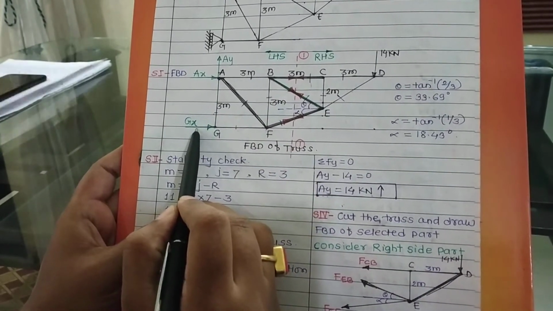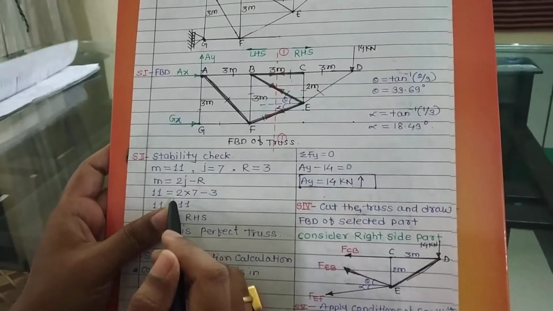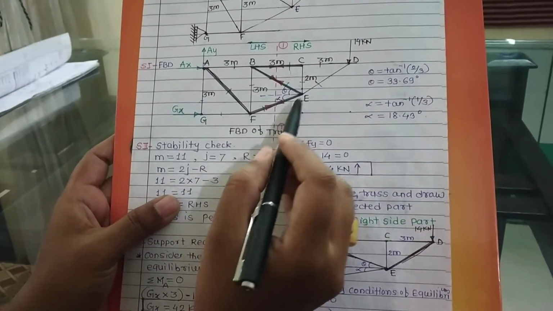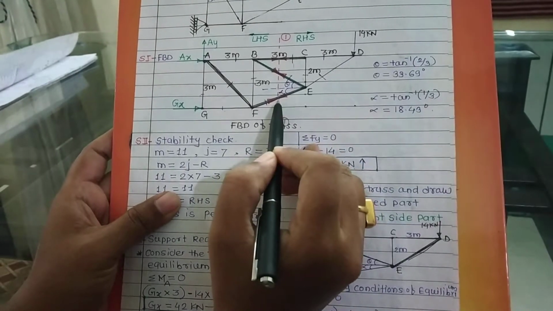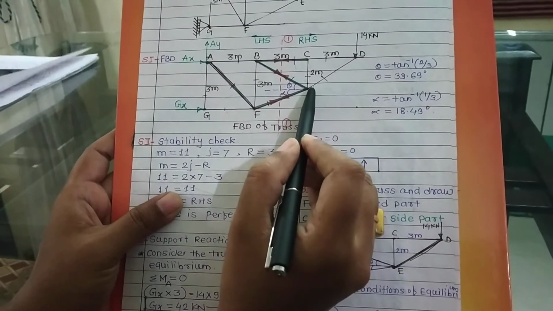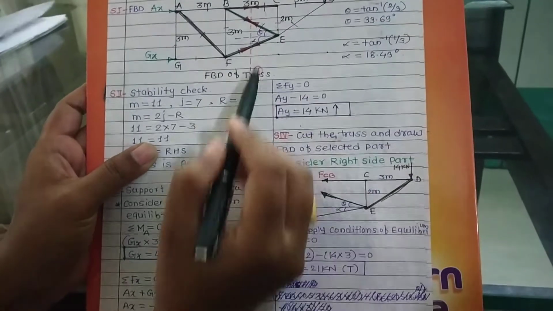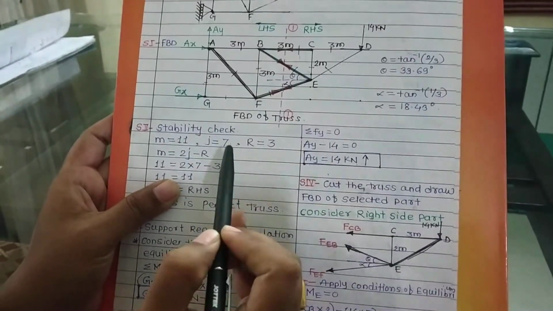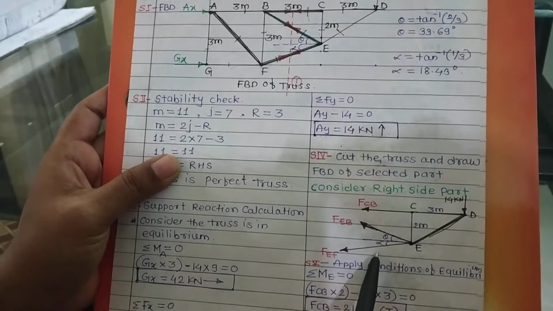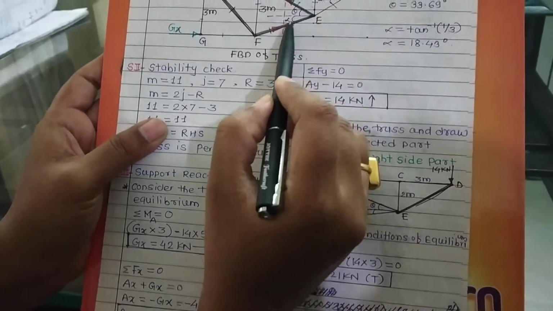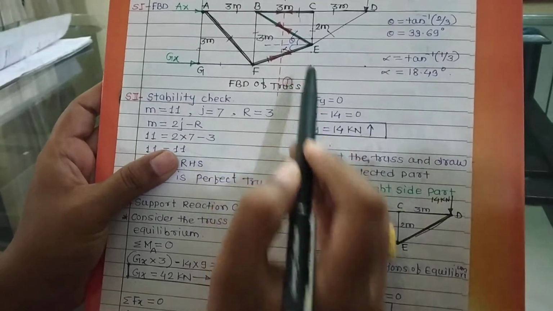So it is always easy to calculate minimum forces and then to solve the unknown. So with this case, I can say that total forces acting towards the rightward part are less. That's why select the right part, because the right side part of the truss carries minimum forces.